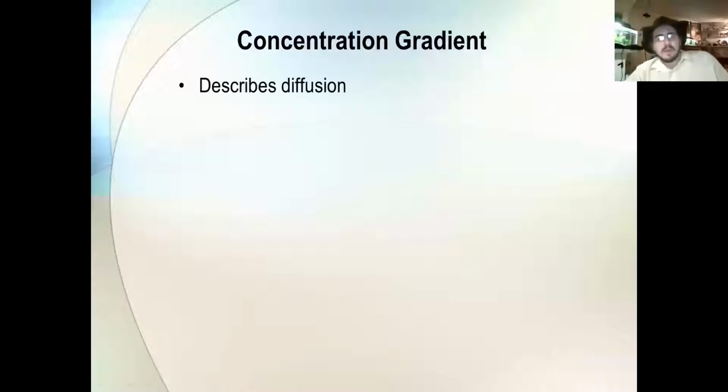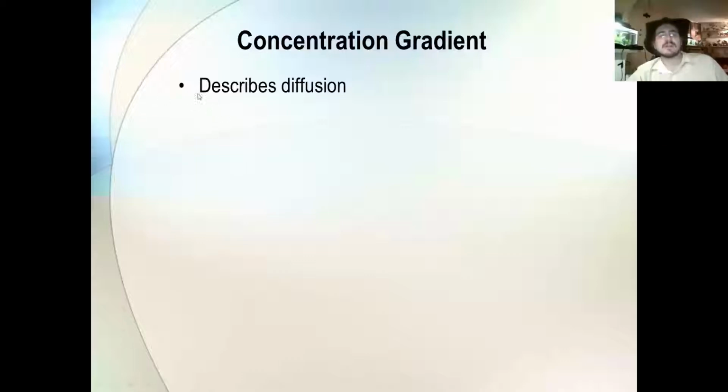So, when a particle moves along its concentration gradient or down its concentration gradient, it is moving from areas of high concentration towards areas of low concentration in order to reach equilibrium concentrations.